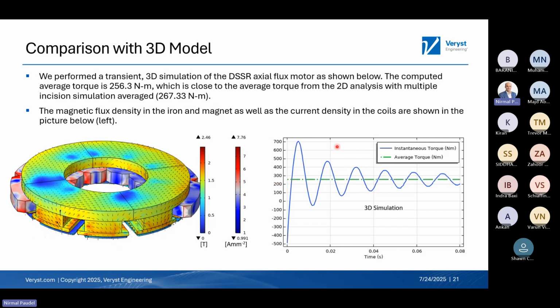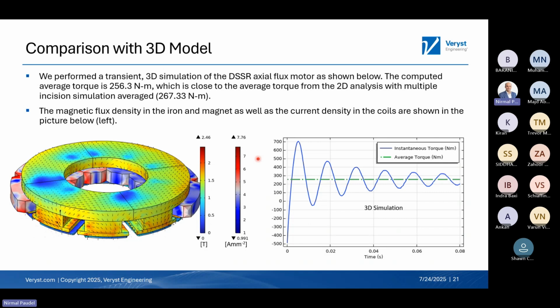Usually there are initial oscillations, but this will settle to an average of about 256 Newton meter. This is very close to what we found in the 2D analysis with the multiple incision simulations, about 267.